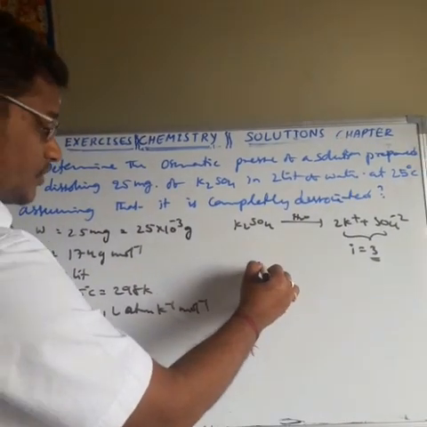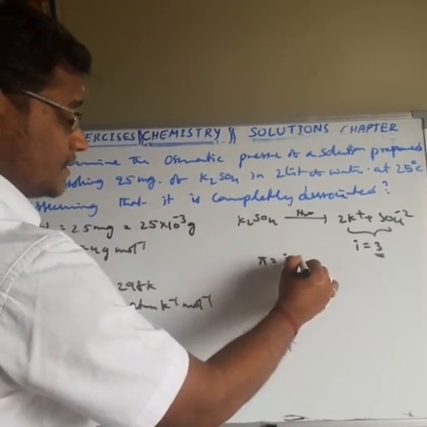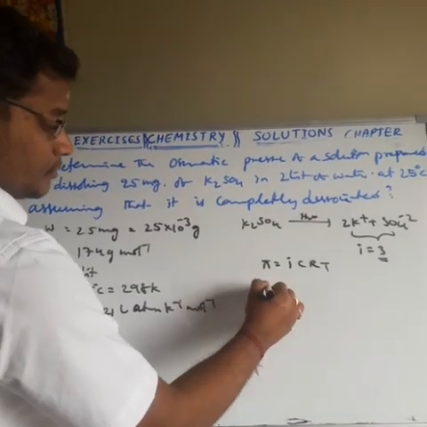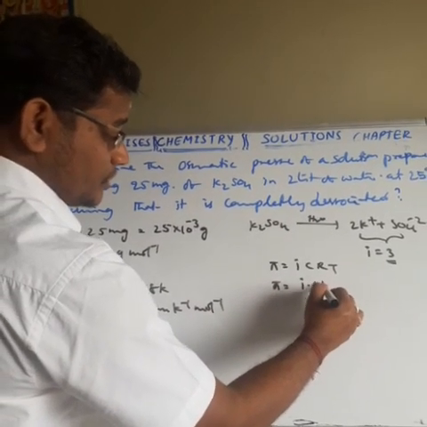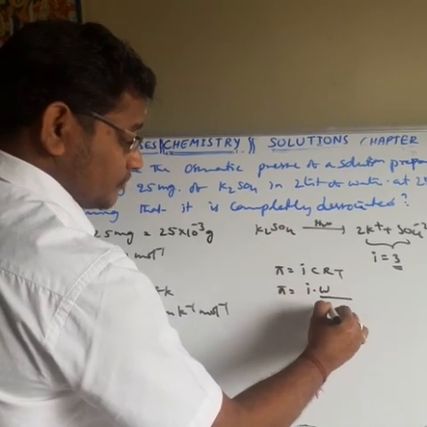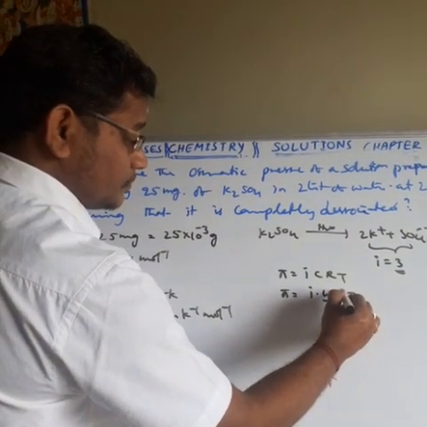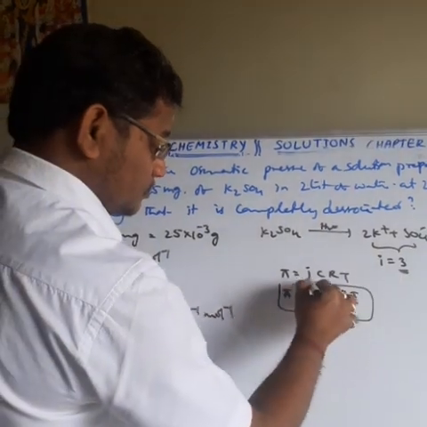Then the formula is pi is equal to iCRT, which is weight by molecular weight into V, RT. So this is the formula.